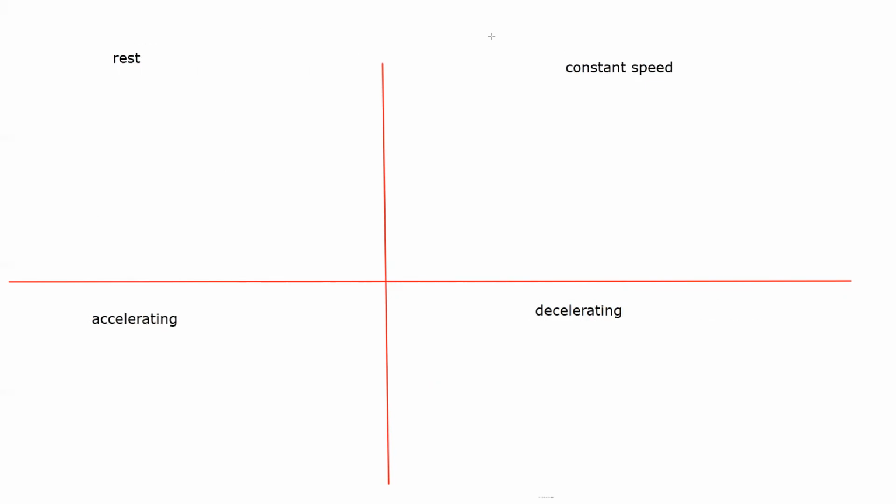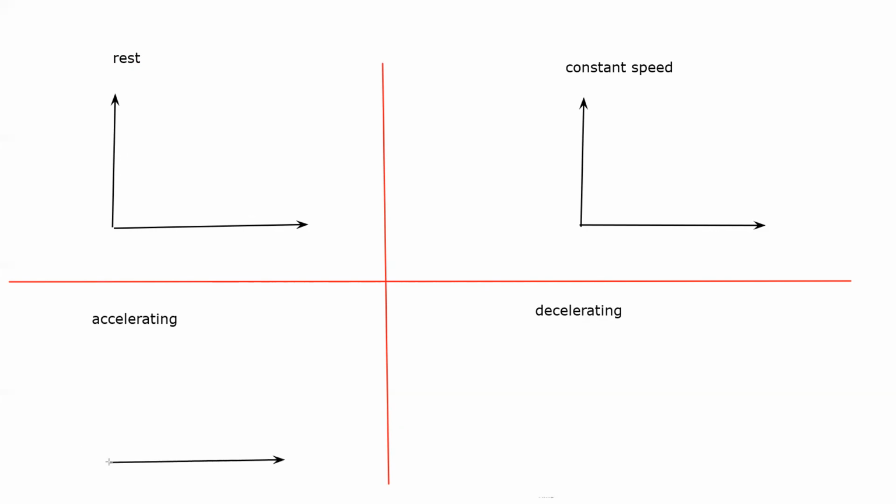So when we sketch a distance time graph for this motion, time is on the x-axis and distance is on the y-axis.